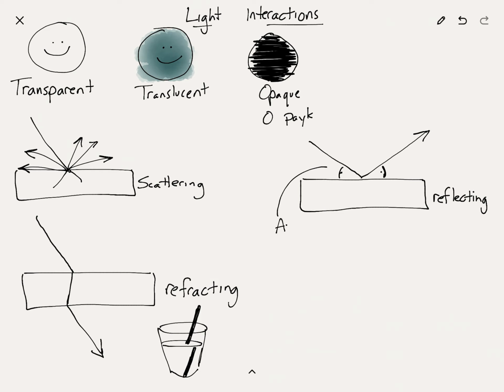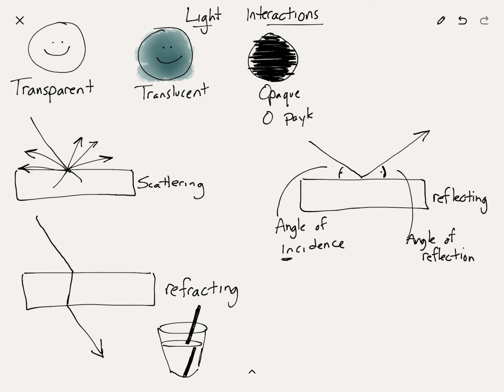This is the angle of incidence, meaning it goes in to the surface, and this is, helpfully enough, the angle of reflection. Okay? So the angle of incidence is equal to the angle of reflection.